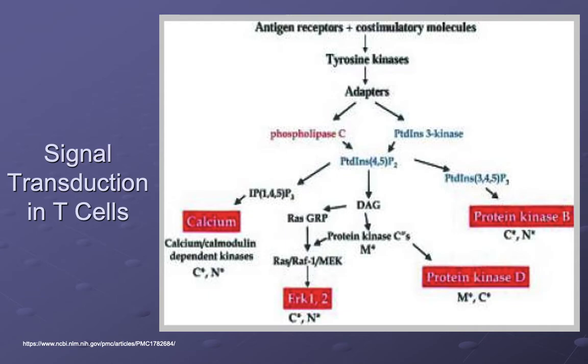Protein kinase B is actually a serine-specific protein kinase, and it plays multiple functions, such as in glucose metabolism, apoptosis, cell division, transcription, and movement of cells from one area to another. Protein kinase D, on the other hand, is also a multifunctional kinase.